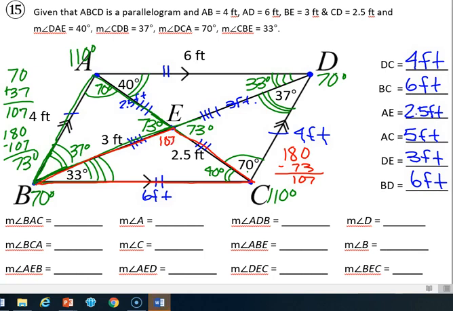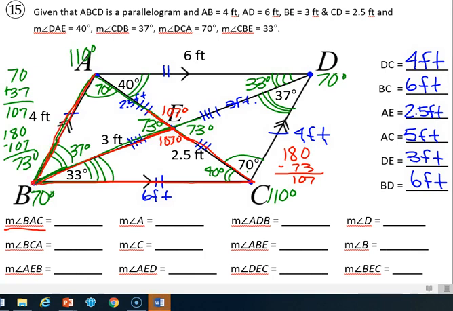Now, we could also notice that these two angles make a linear pair right here. See that line? So we could have subtracted 73 from 180 there and got 107 too. Again, we got vertical angles here. Now we have all the angles marked in our drawing. So now I need y'all to really pay attention to me here because we're going to talk about how we find these angles. So BAC down here, this one right here says BA.